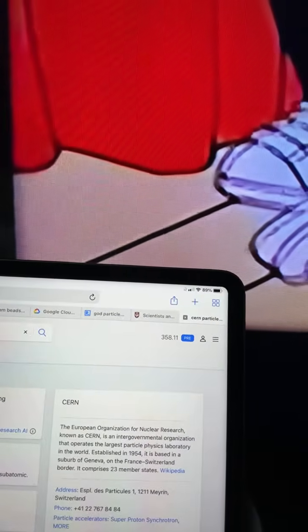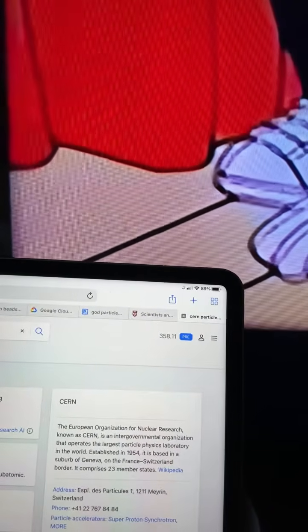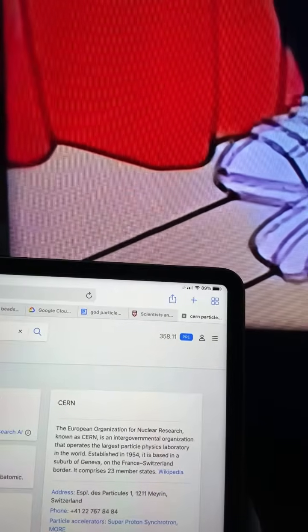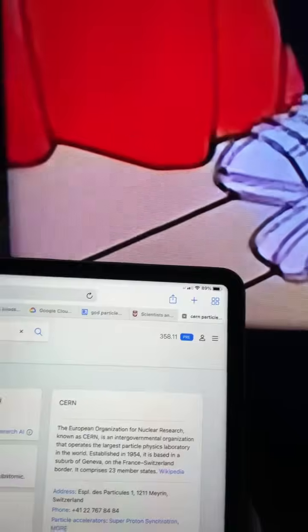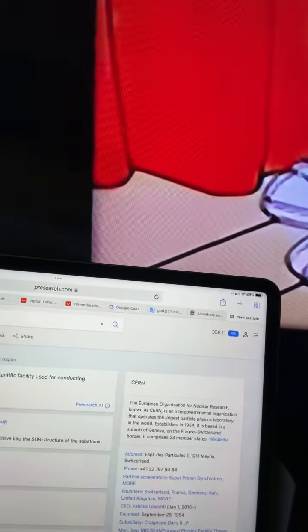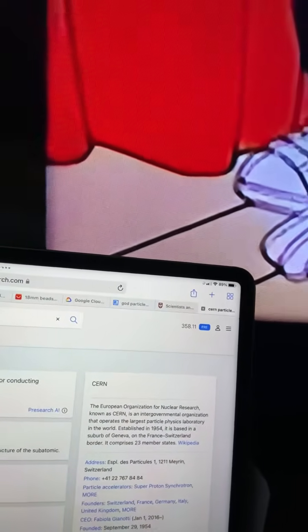Established in 1954, it is based in a suburb of Geneva. Sorry about that, it's Geneva, on the French and Switzerland border. It comprises 23 member states. Think about that. Let's see what questions we have. Do you have any questions?